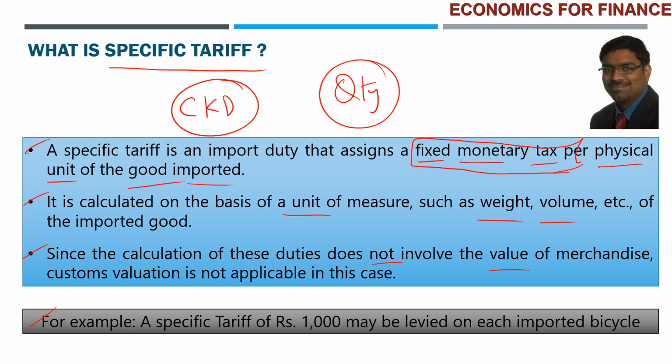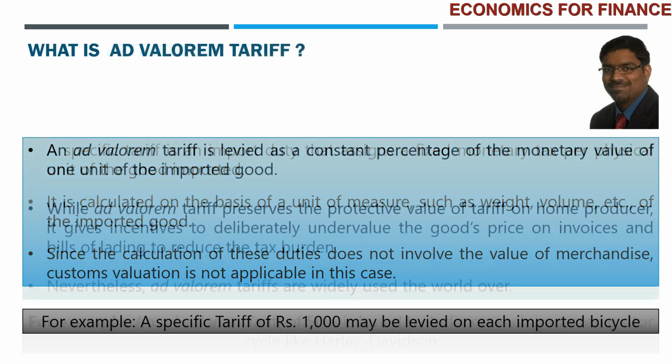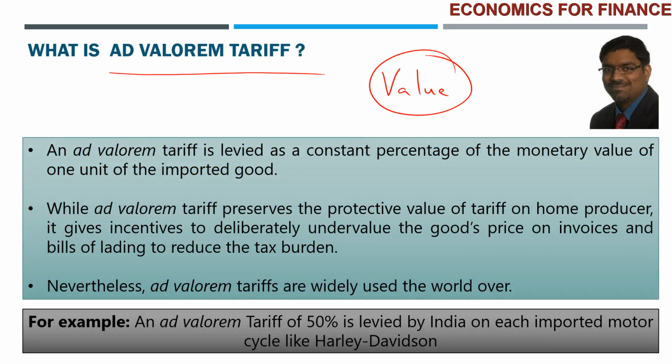Like this, televisions, air conditioners, cycles, so many of the goods are there where we import them in CKD condition and we just assemble them here and then sell as final products. If the tariff is a specific tariff, these goods will escape the customs. That is why that is not a good thing or, you can say, scientific thing to have specific tariff. There might be ways to escape it. The answer for that is ad valorem tariff.